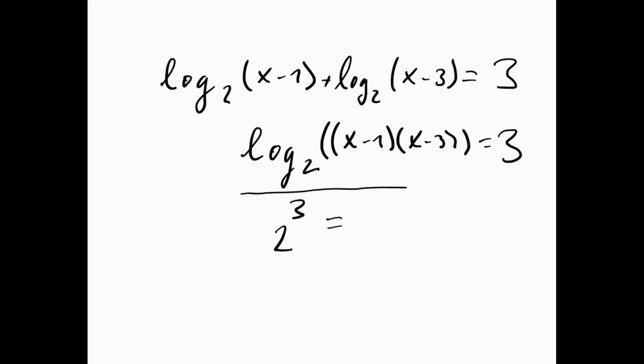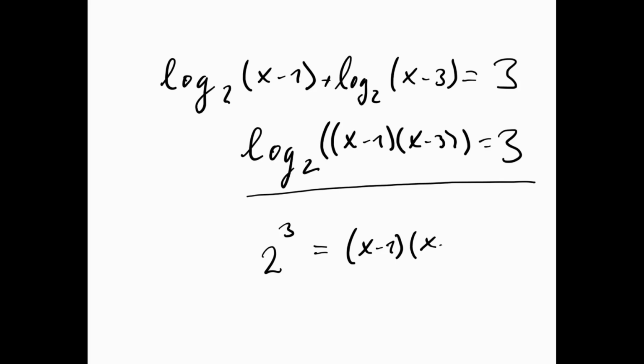So basically this equation asks us: 2 to what power will give x minus 1 times x minus 3? That's the idea in this case with these concrete values. So this equation can be rewritten as 2, the base, to the right side equals the argument.